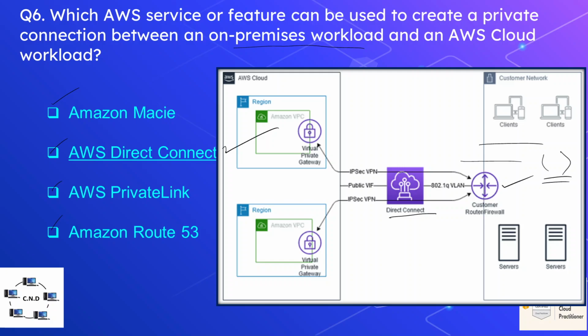If the customer wants to connect their workload to the AWS cloud service, then it can be done through this AWS Direct Connect. And there are multiple ways through which this can be done, using the IPsec VPN or VLAN tagging, 802.1Q VLAN.